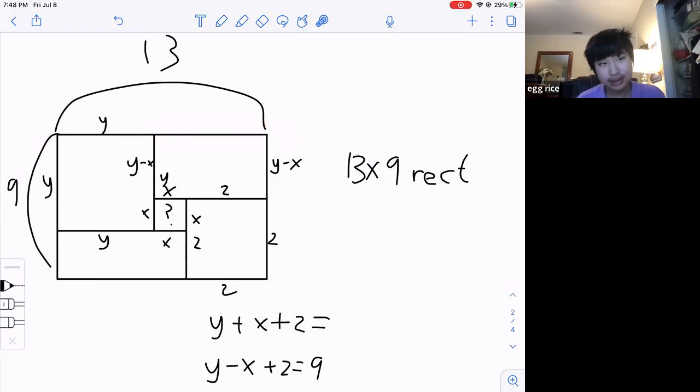So does anyone see what that length over there is? So does anyone see what this length is in terms of x and z?